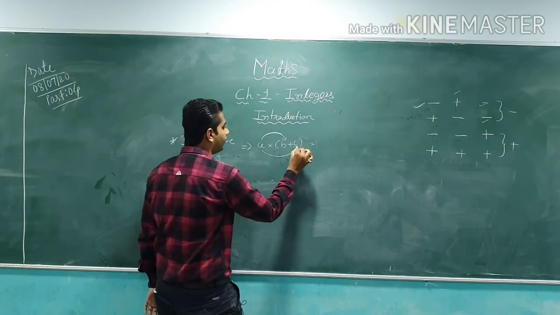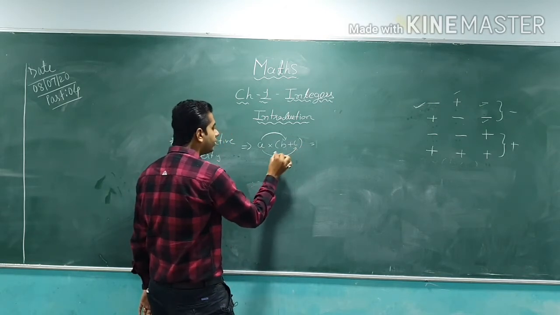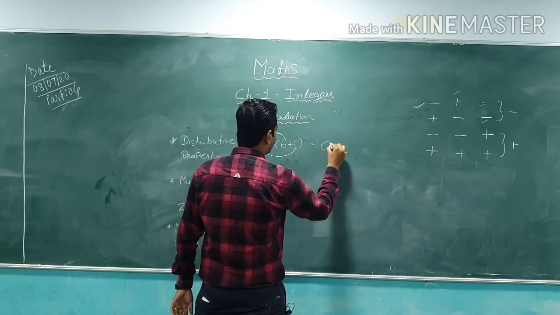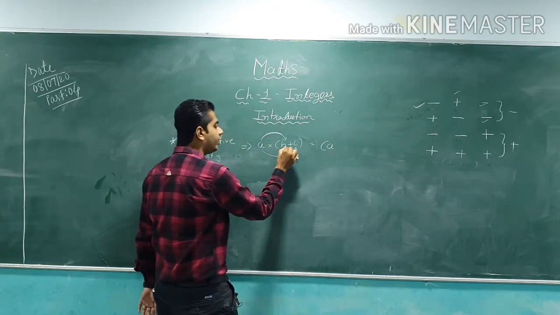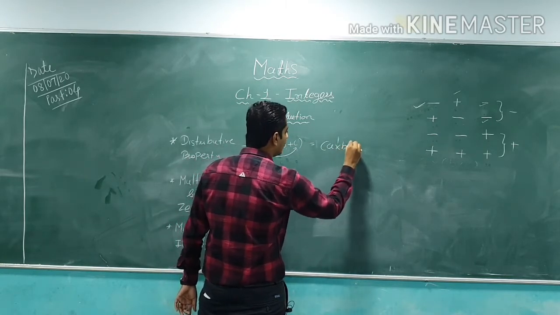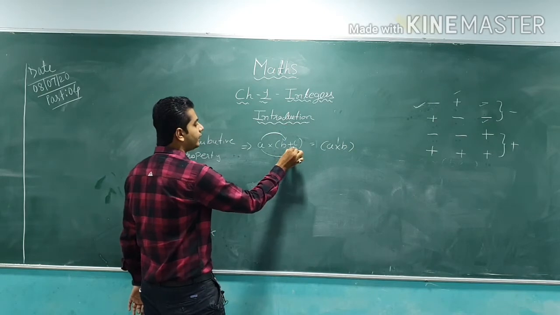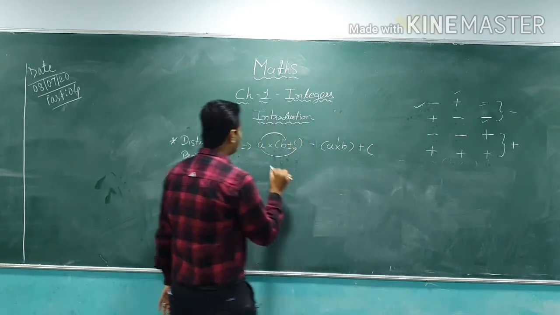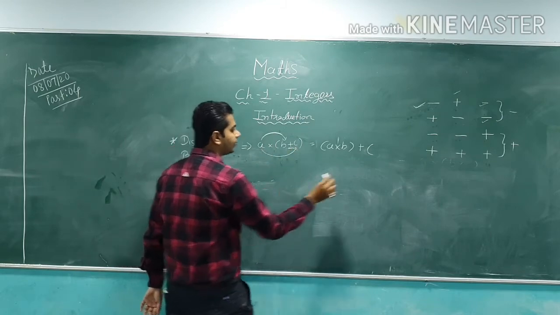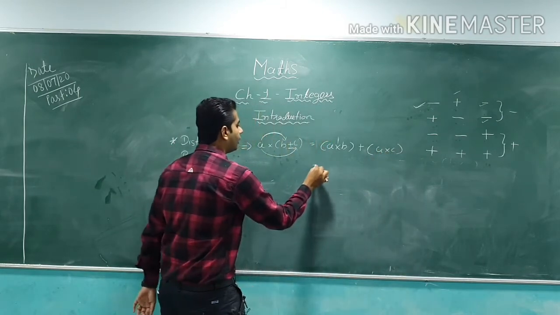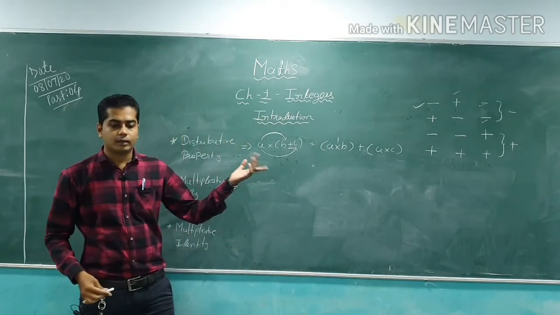So first we multiply a with b, then a with c. So write the bracket a multiply b. Now in between the sign is plus, so put plus here. Now the second term a multiply c. So that's how you can solve it.